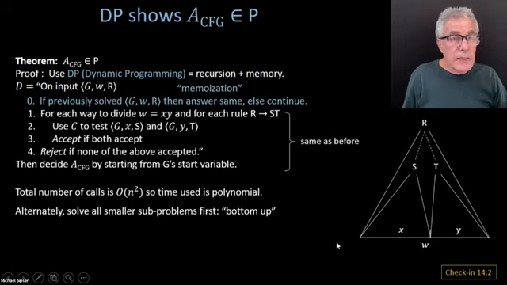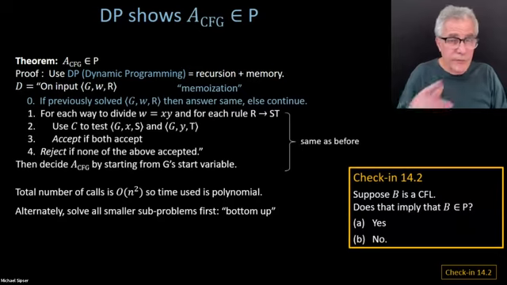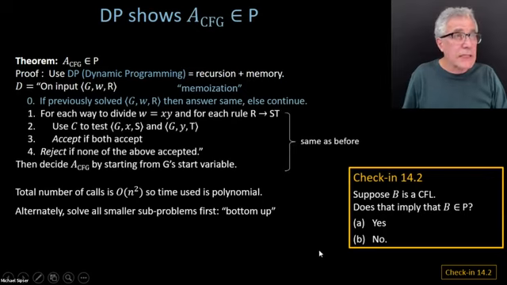Let's see, I don't remember what my check-in is on this. Oh yeah, so this is somehow related, and feel free to ask questions too while you're thinking about this check-in. The check-in says: we've solved the ACFG problem in polynomial time.